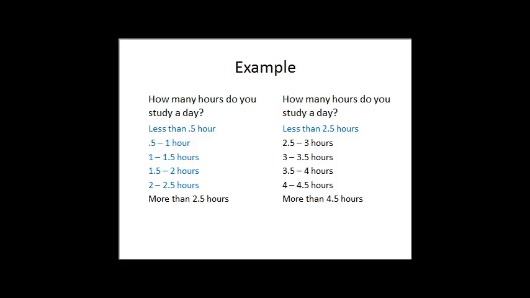In this mail survey of university students, participants were asked this same question, but they were provided with different response categories. One on the left gives a low set, whereas the one on the right provides a high set of hours.